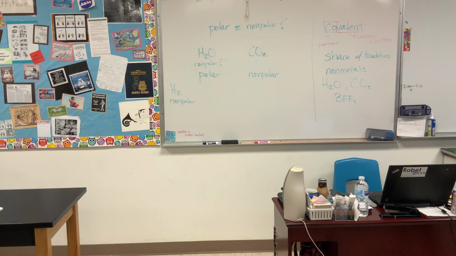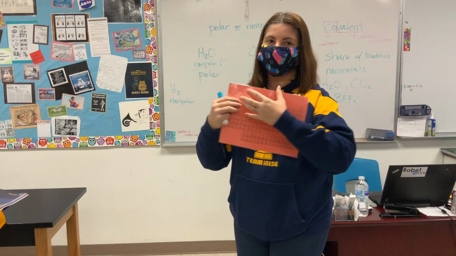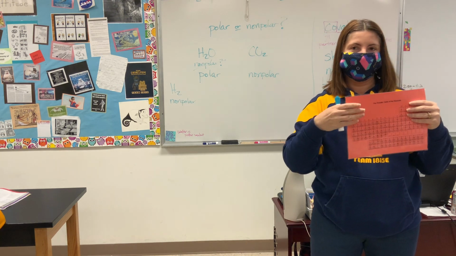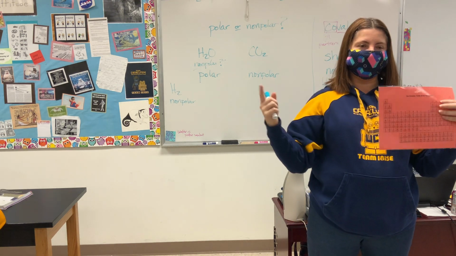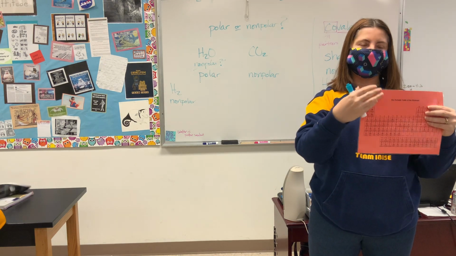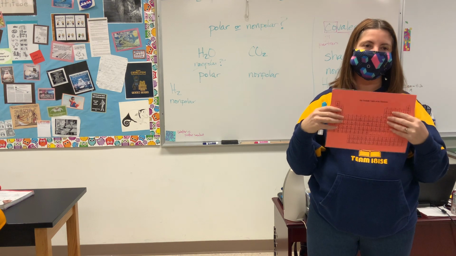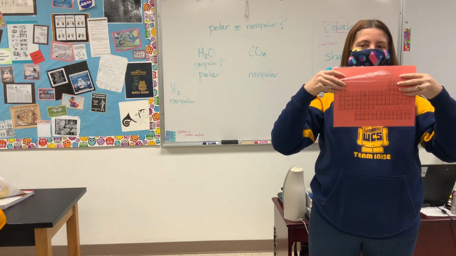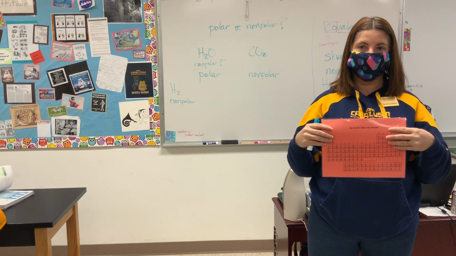The stronger the attraction, the bigger the difference from one atom to the other. If there's a big difference in electronegativity, where we just have a small amount compared to a large amount, those tend to be your polar compounds.